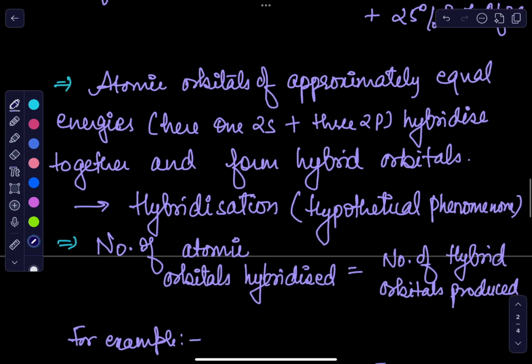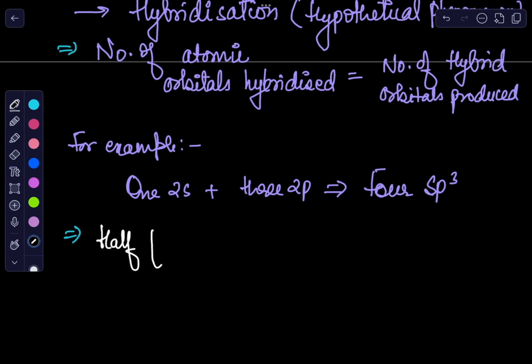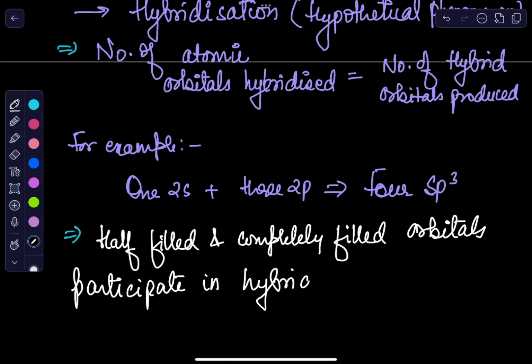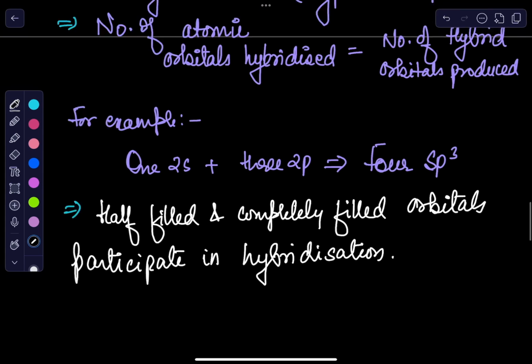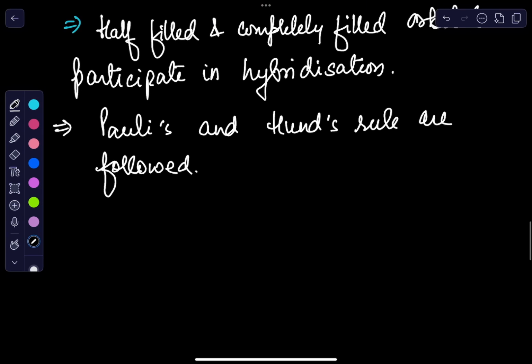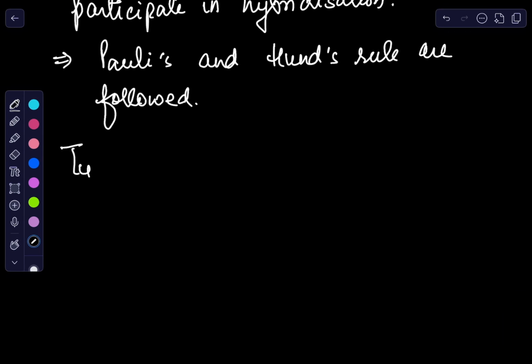Here, since we are only discussing the case of unpaired electrons, one electron will be from one atom and another will be from the other atom. So half-filled and completely filled orbitals participate in hybridization, but in this video I am not discussing the case of completely filled orbitals as of now. Pauli's exclusion principle and Hund's rule we have already studied in the chapter atomic structure.